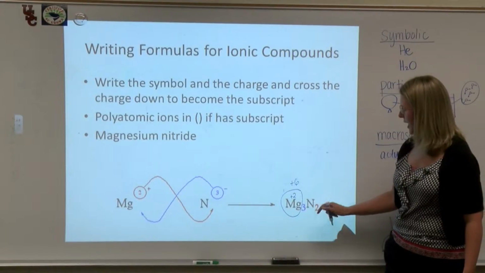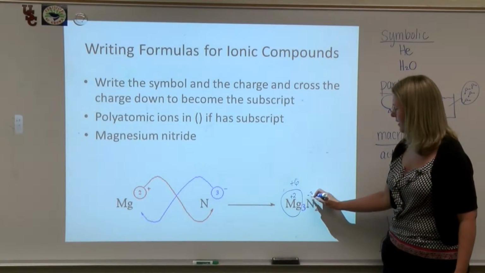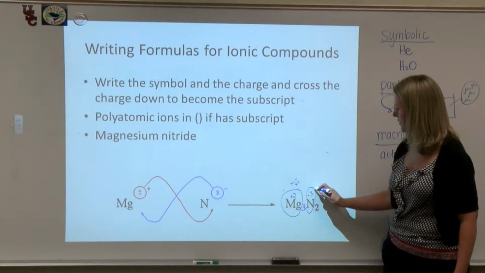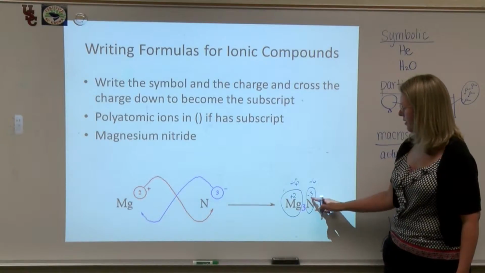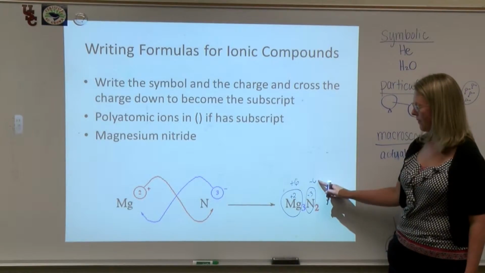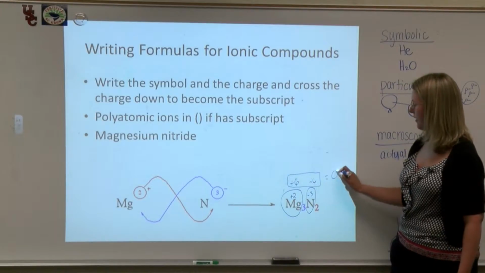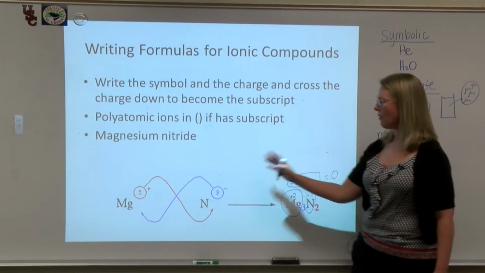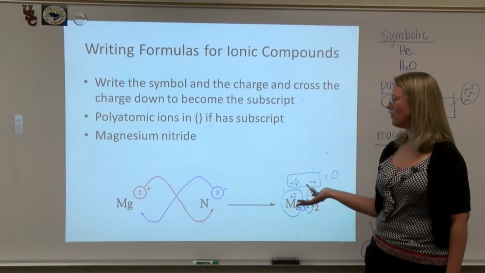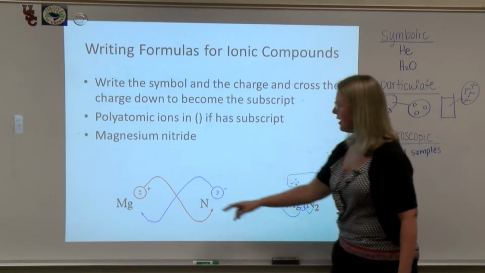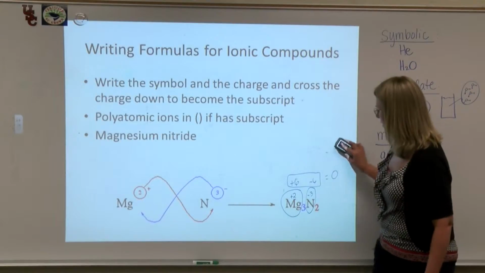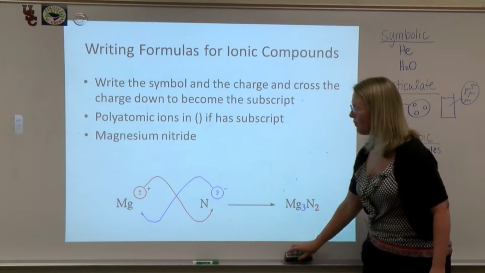And if we have 2 nitrogens, each at -3, that's going to give us a -6 charge. -3 times 2. When you add these two together, what do you get? You get 0. And so that's why the cross-down method works every time. So it's actually pretty simple if you know what the charges are. And that's why it works.